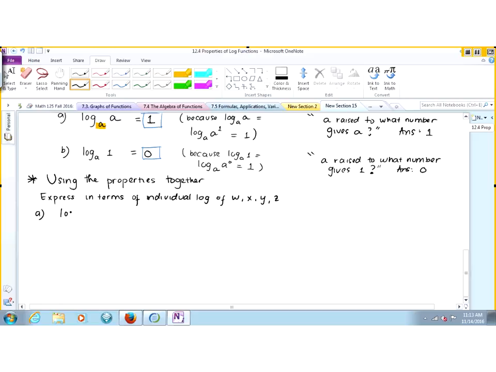So A, log base A of X, Y squared over Z cubed.